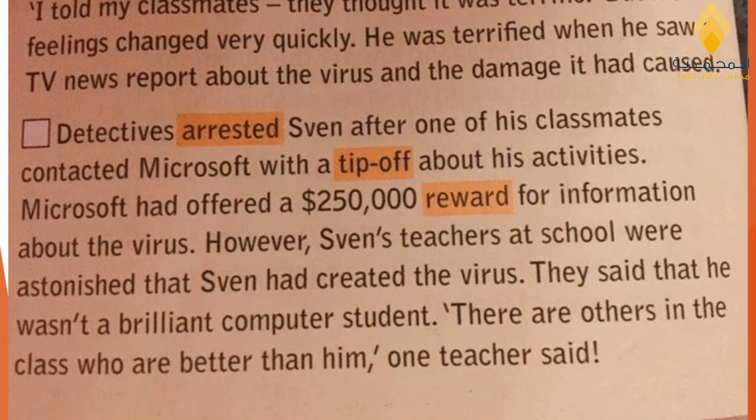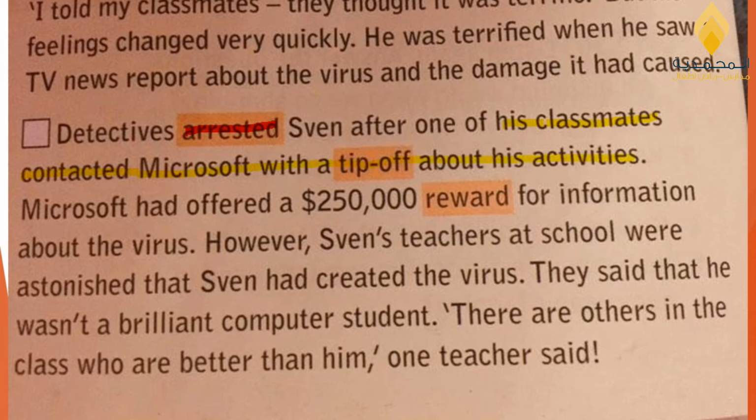Now, what did the detectives do after they knew his place? Yes, they arrested him. What do we mean by the word arrest? To take somebody to a police station. How did the police know where Sven was? They knew where Sven was after his classmates contacted Microsoft with a tip-off about his activities.